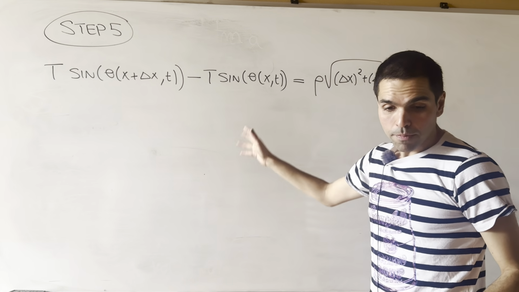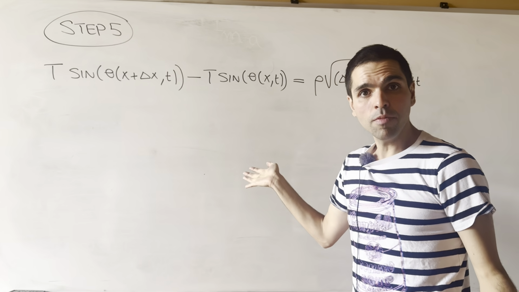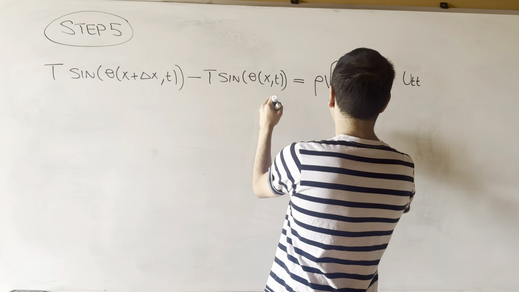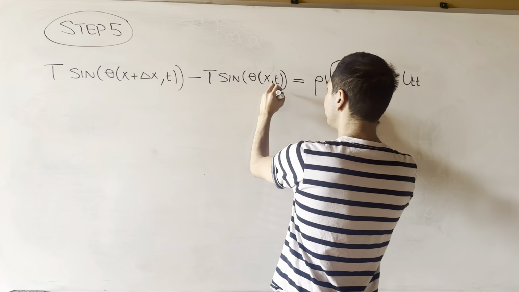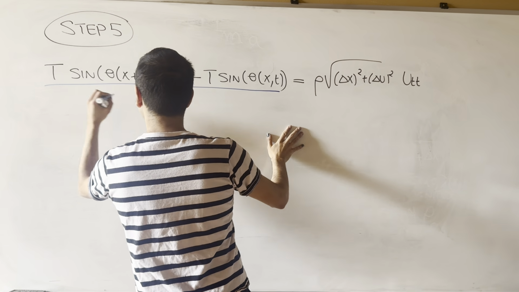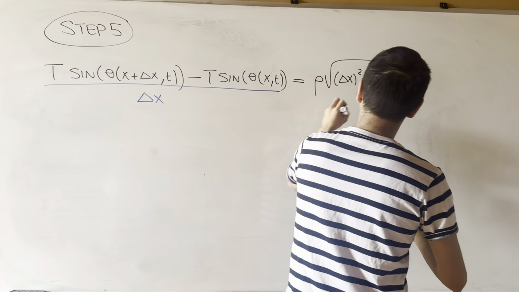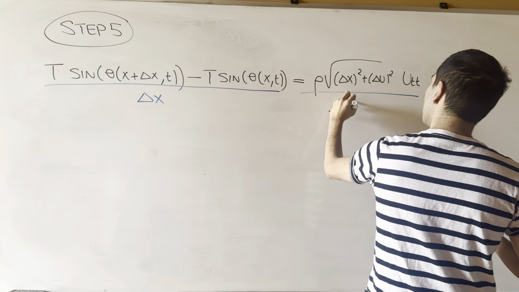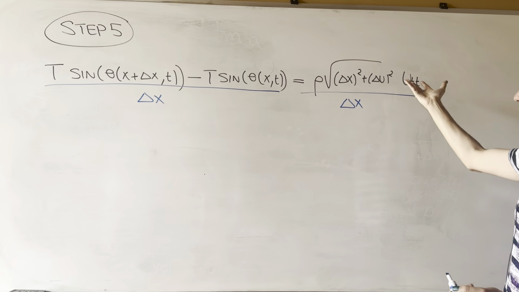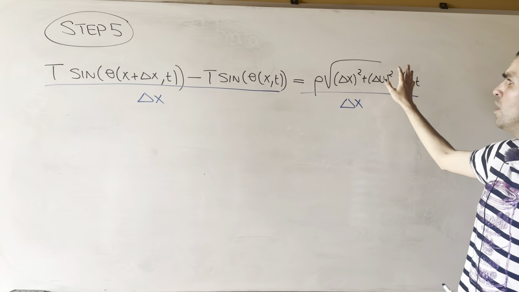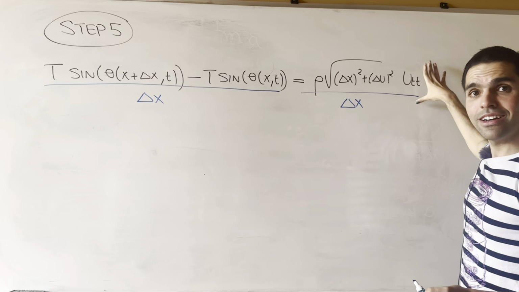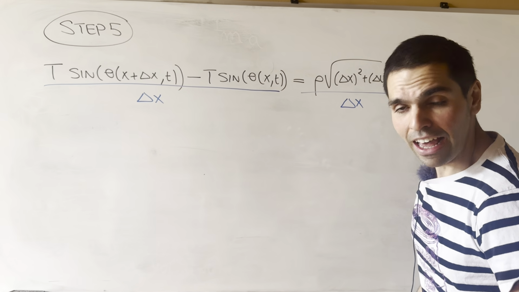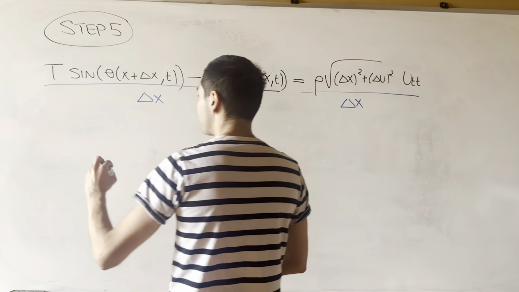Notice this looks a little bit like a derivative, and in order to make it a derivative, we just divide by delta x. And now, let's see what happens. So let's first calculate the right and calculate the left, see what's going on.